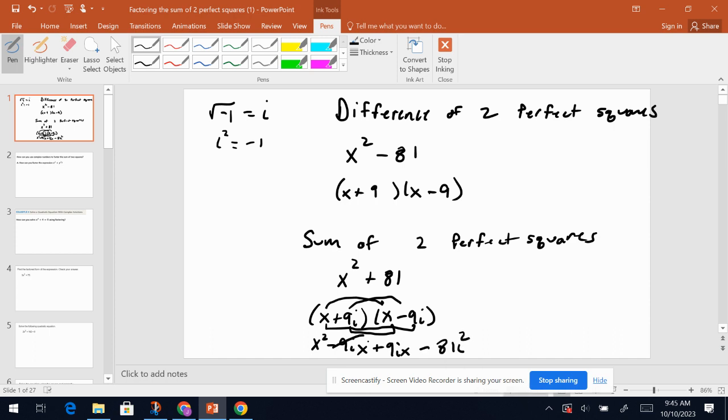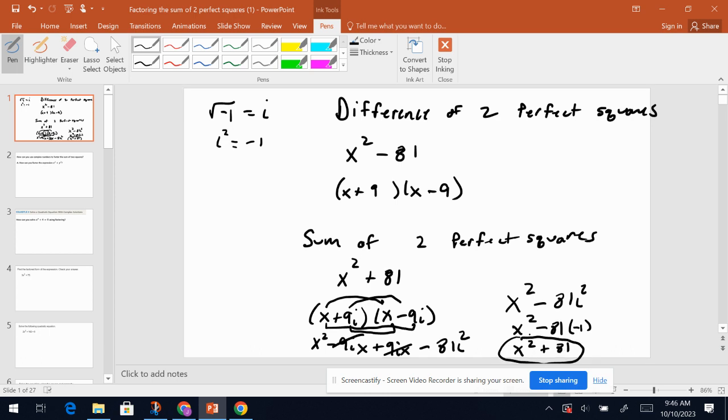So my middle terms cancel, and I'm left with x squared minus 81i squared. Well, I just said we never leave i squared in part of my answer because I can replace it with a -1. So it'd be x squared minus 81 times -1. I can multiply those two numbers and it gives me x squared plus 81. So that's why the sum of two perfect squares works.